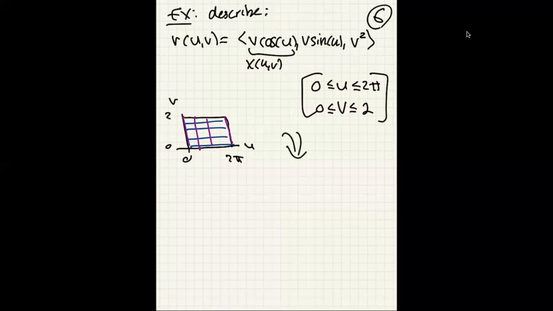So let's see. Again, when we get horizontal lines, let's just convince yourself what happens for the horizontal blue lines.